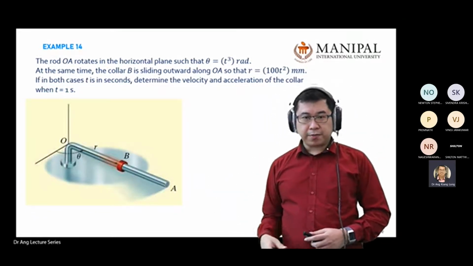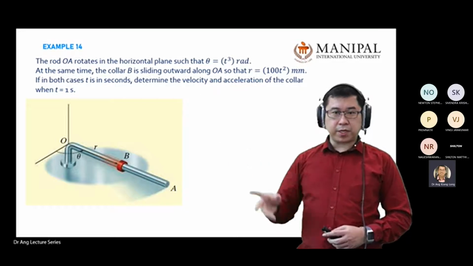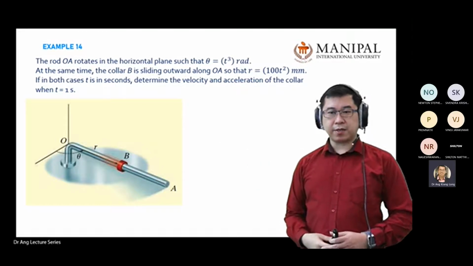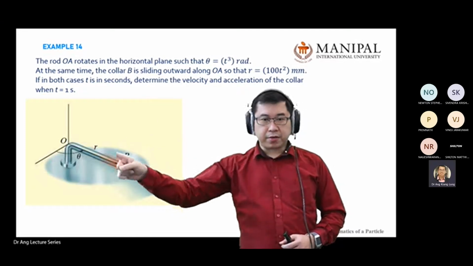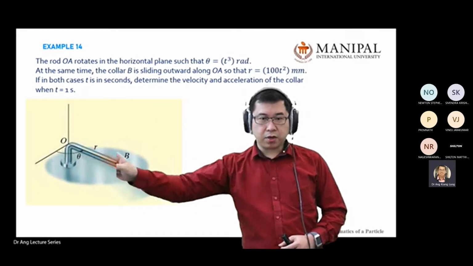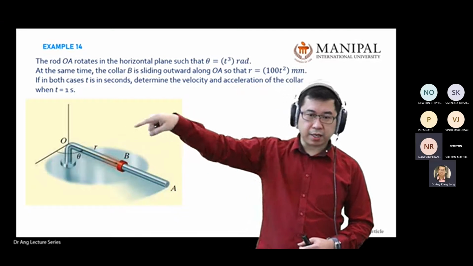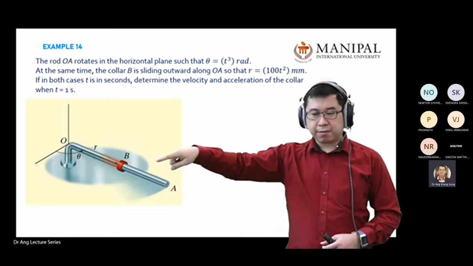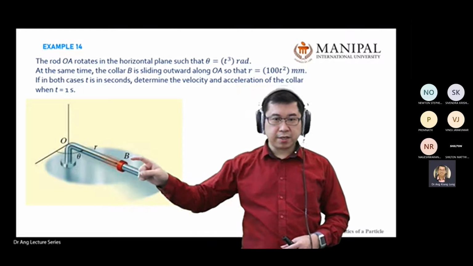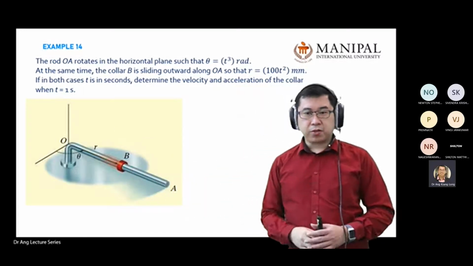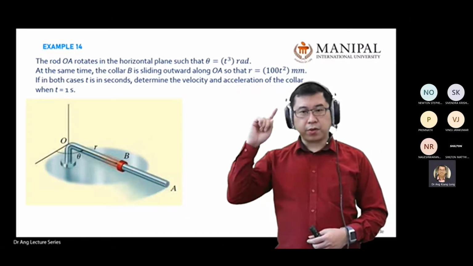Example 14. Spend some time to read the statement on the slides here. So you're having a rod, and this rod is rotating in the anti-clockwise direction, theta. You can see a clear picture in the tutorial handouts.